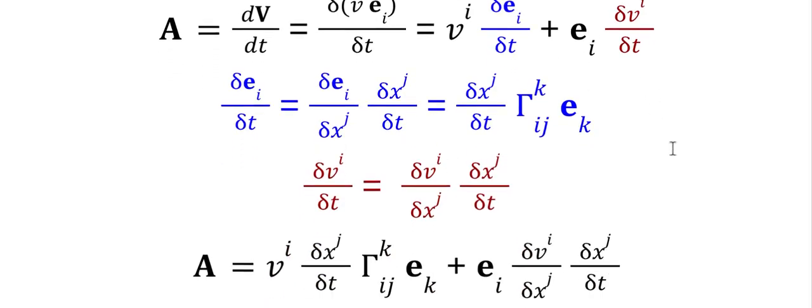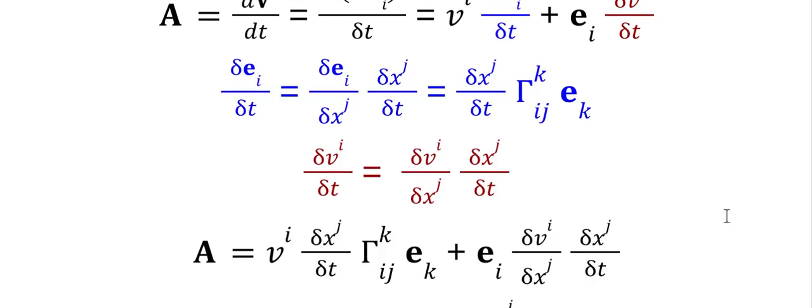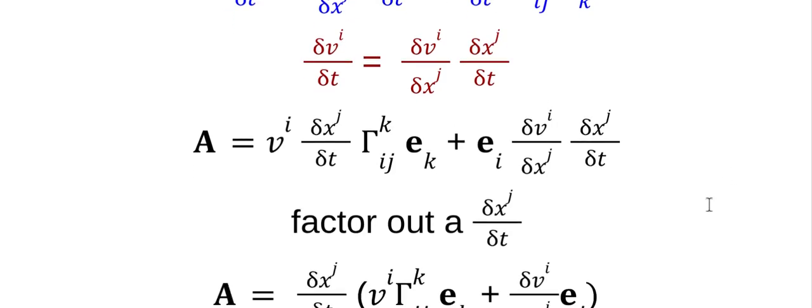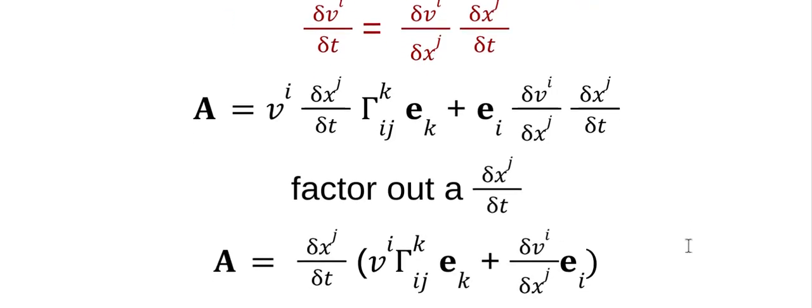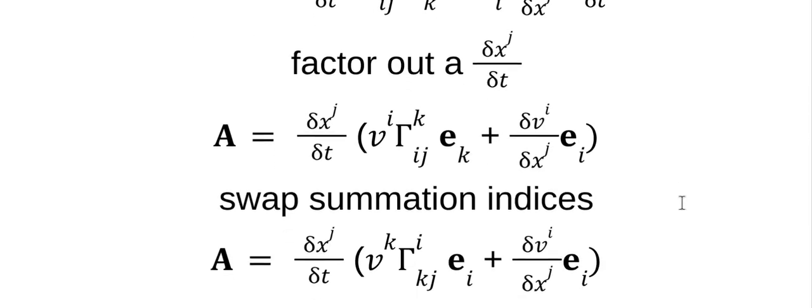So we get this expression. Now let's factor out the dx^j/dt. And we got this. Now let's do that old trick we always do: we're going to swap the i's and k's because they're the summation indexes. They're dummy indexes, okay? So we swap them.